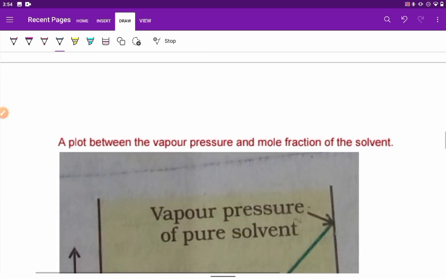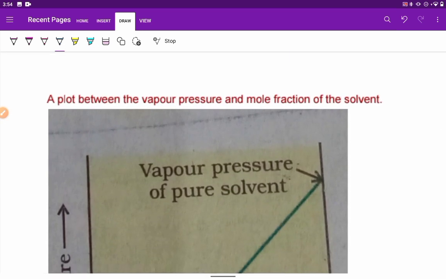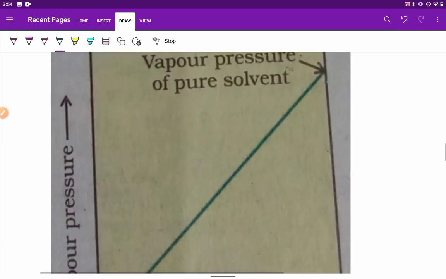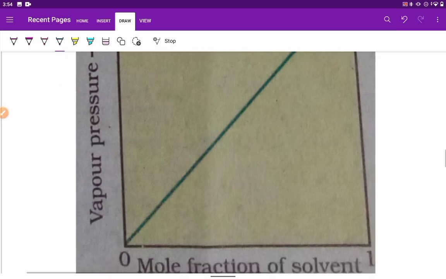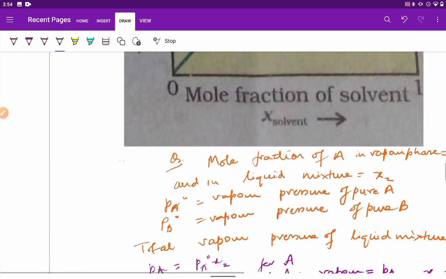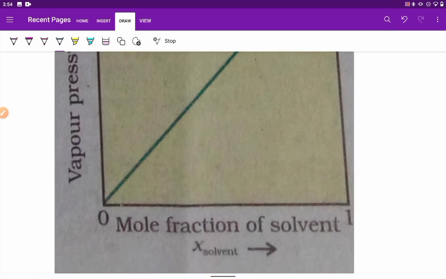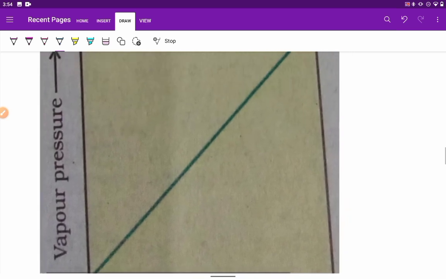Now if we plot a graph between vapor pressure and mole fraction of the solvent, we get a linear graph. You see here in this diagram, the vapor pressure of pure solvent, as we can see here, vapor pressure on one axis and mole fraction of the solvent on the other axis, we get a straight line.